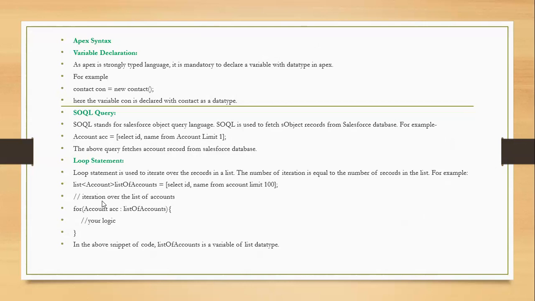For example, List<Account> listOfAccounts = [SELECT Id, Name FROM Account LIMIT 100]; then iterate over the list of accounts, and you write the logic in the above snippet of code. listOfAccounts is a variable of the list data type.